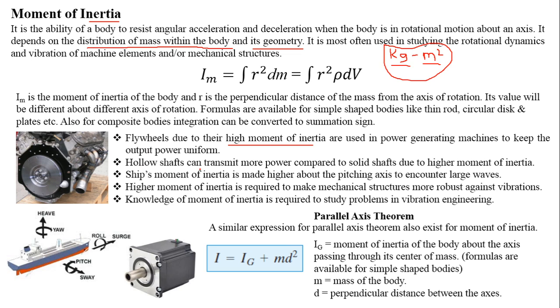Similarly, you can see that hollow shafts can transmit more power compared to solid shafts due to high moment of inertia. If you see this motor here, you will notice that it has a hollow shaft.